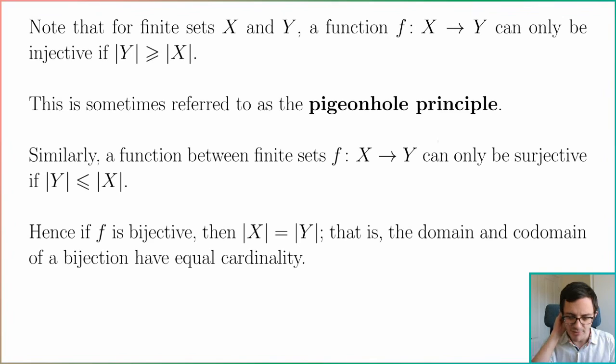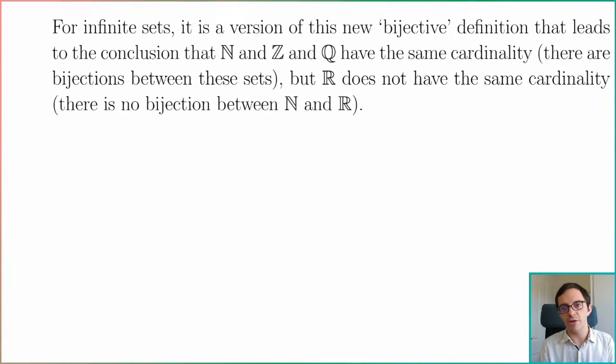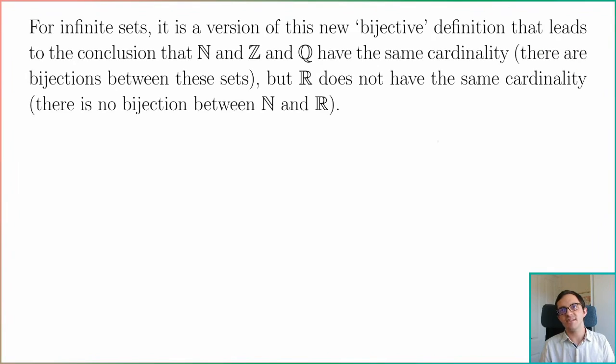This gives us a way to talk about cardinality in general without thinking about counting, and it's a version of this that lets us talk about the cardinality of infinite sets. So we say that sets have the same cardinality if there's a bijection between those two sets.